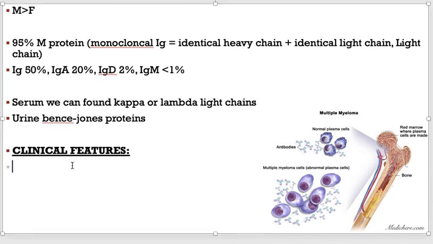So first of all, remember the bone is producing these things. So the first thing the patient has is bone disease. They have pain, usually back pain.